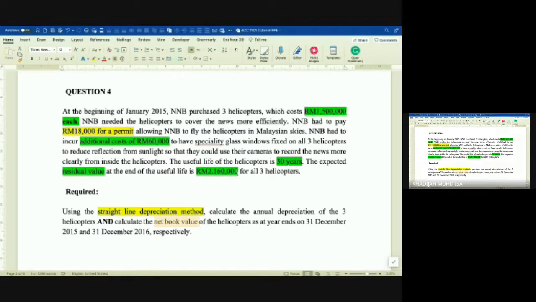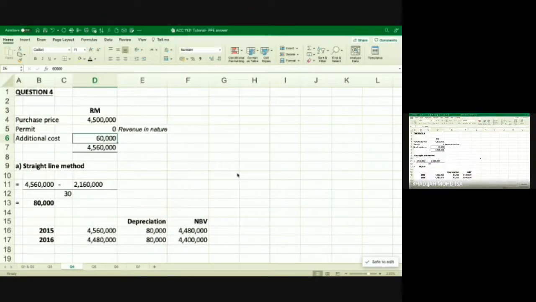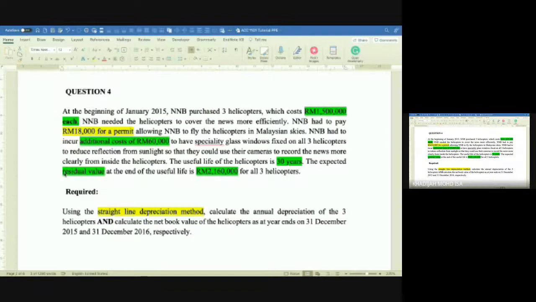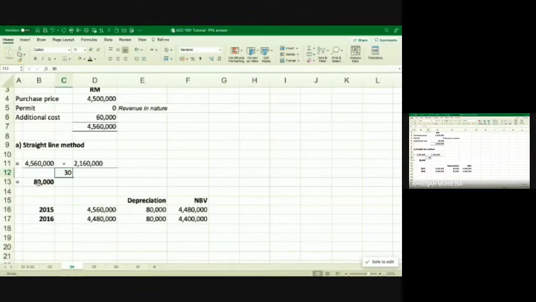So what you do, compute the straight line basis. So you have the cost is 4,560,000 minus 2,160,000, your residual value. And then you divide by 30, which is the number of years of useful life. So from there you get annual depreciation of 80,000.